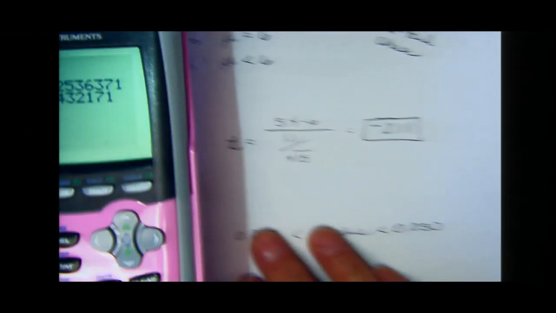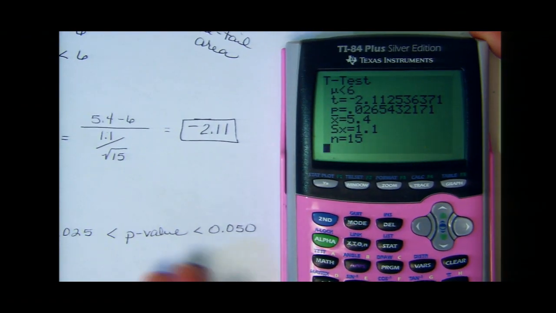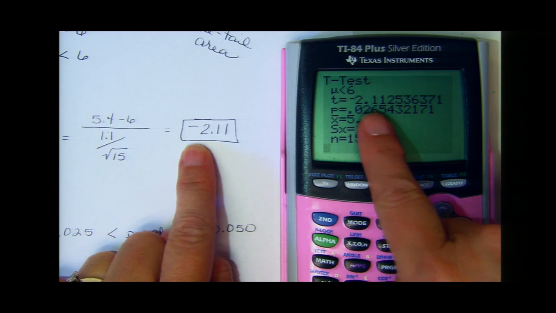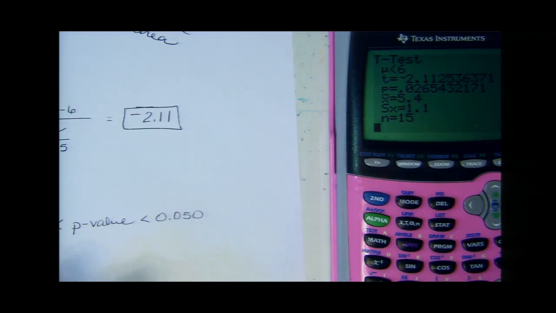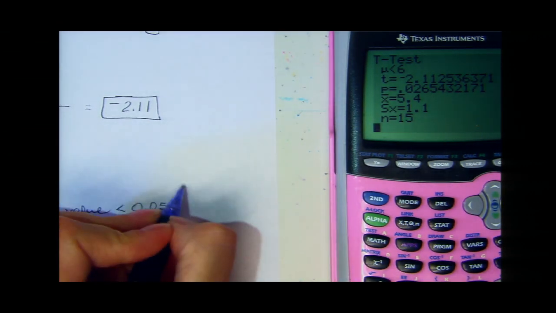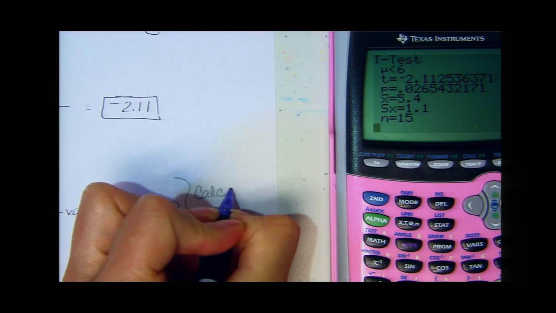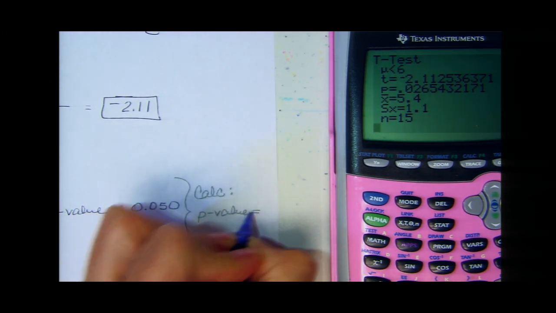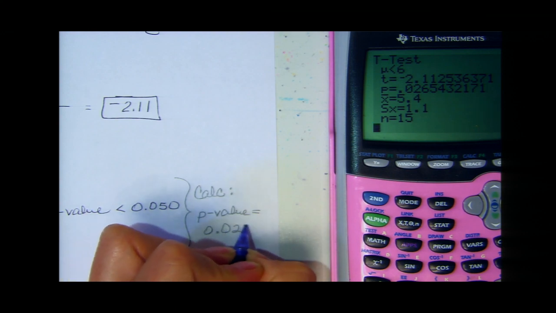So let's compare. We calculated the t to be negative 2.11, and sure enough, that's what it is. And then on the calculator, it says that the p-value is approximately 0.027.